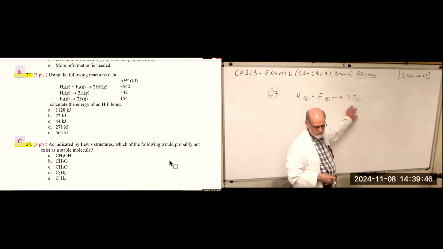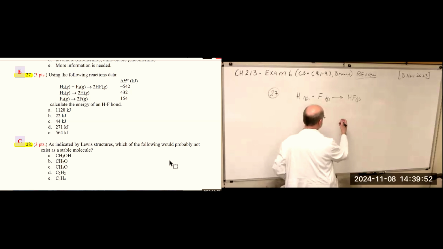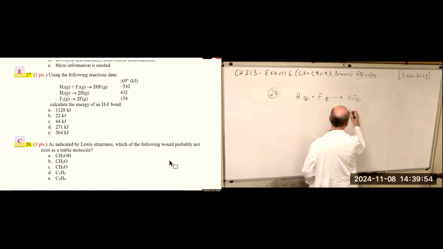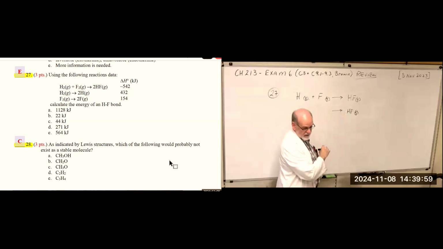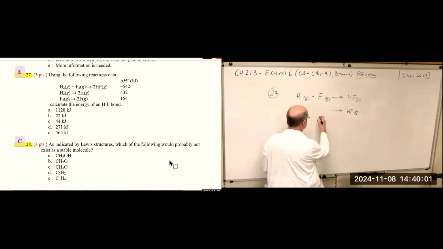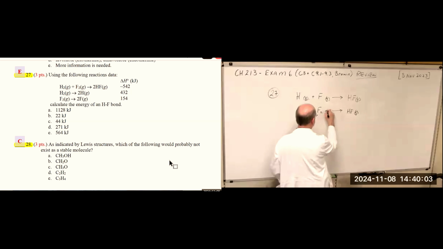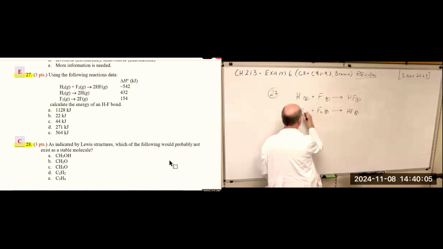HF on this side. So that first equation, H2 plus F2 yields 2HF, would give us HF like that. And I'm going to throw in the correction factor here in a second. We only need one of them.